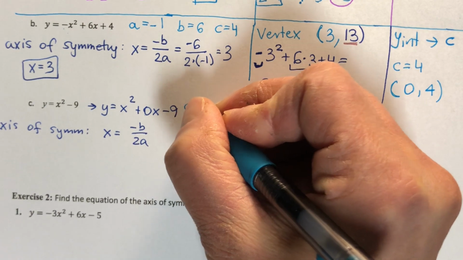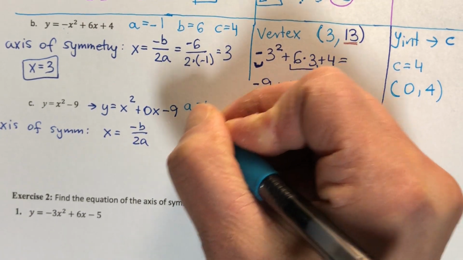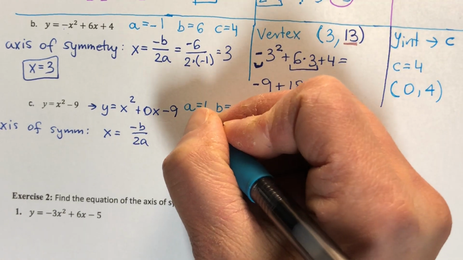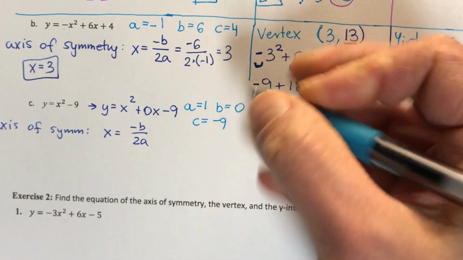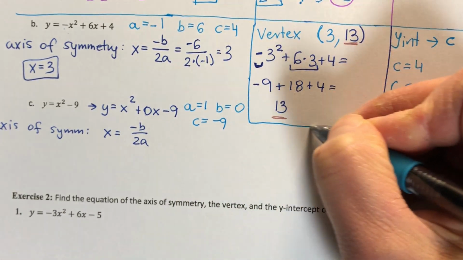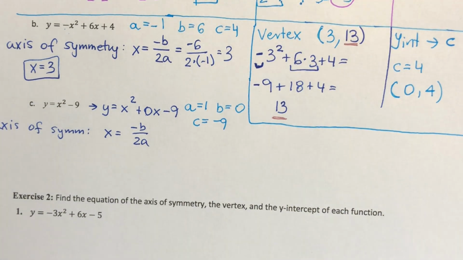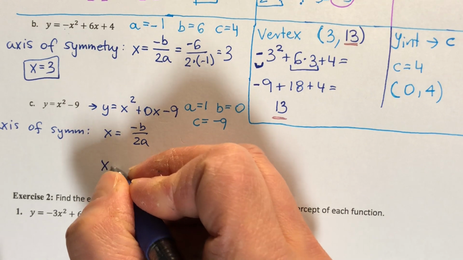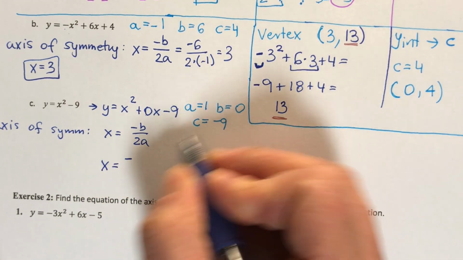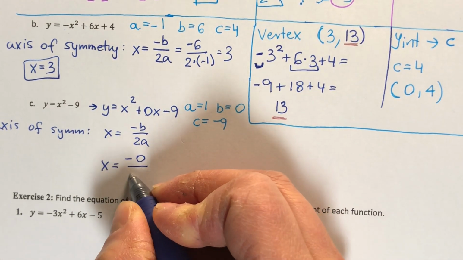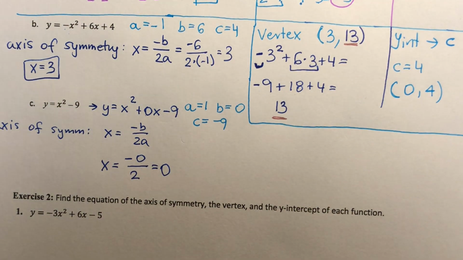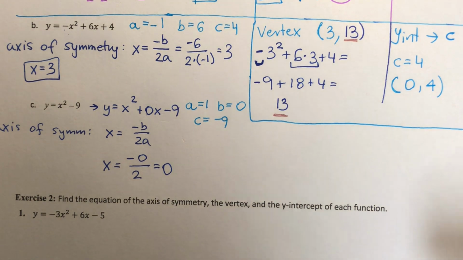So notice a is equivalent to 1, b is equivalent to 0, and c is equivalent to negative 9. If I plug in my values into the formula, I will get that x is equal to negative 0 divided by 2, and we know that that's 0. So axis of symmetry is at x is equal to 0.